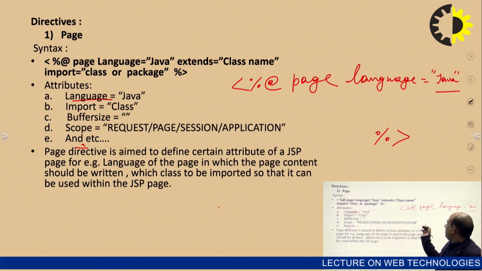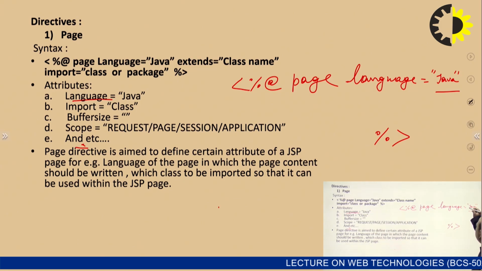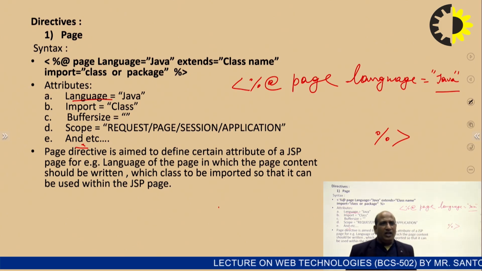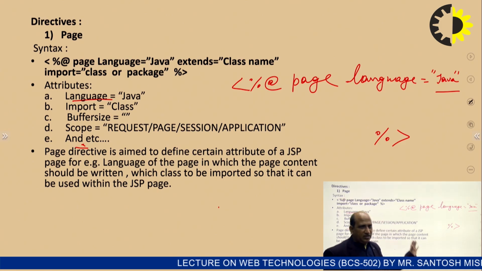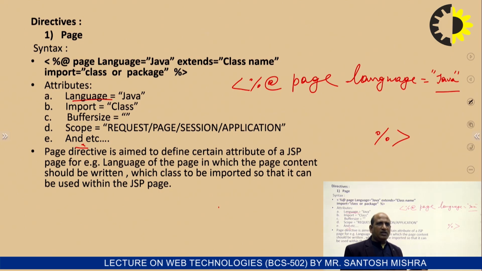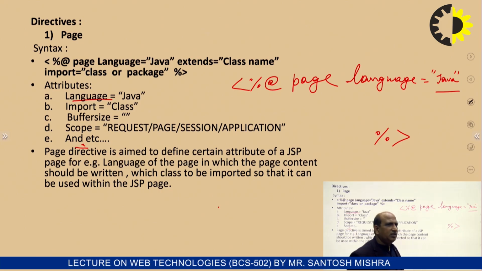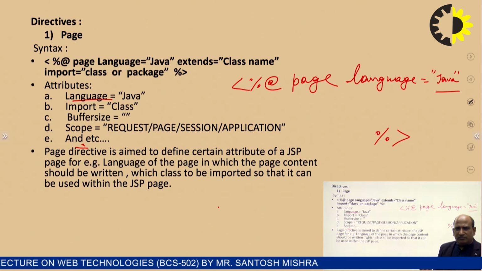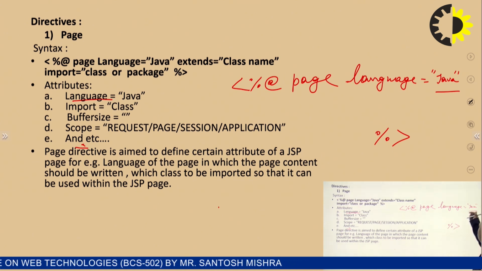By default the language is Java. If you have not used the language attribute of this directive tag, then by default the code written in scriptlet, declaration or expression tag is in Java language. But you can specify any other language also.